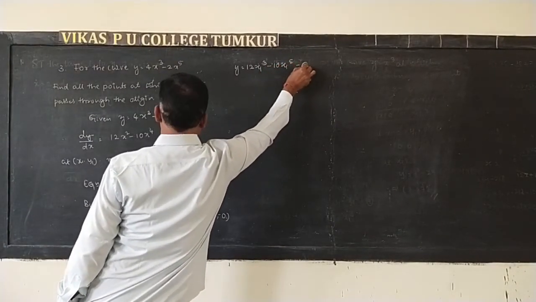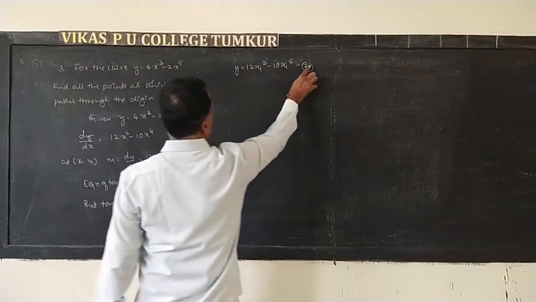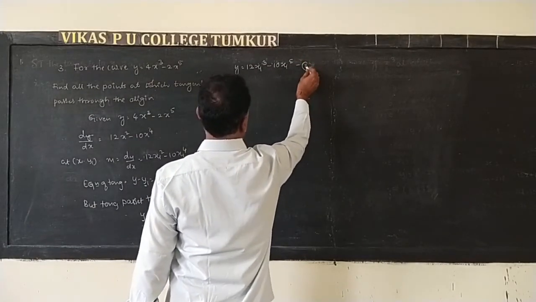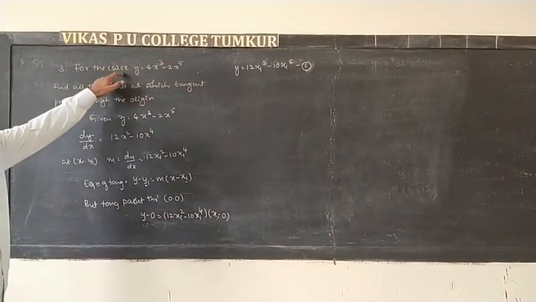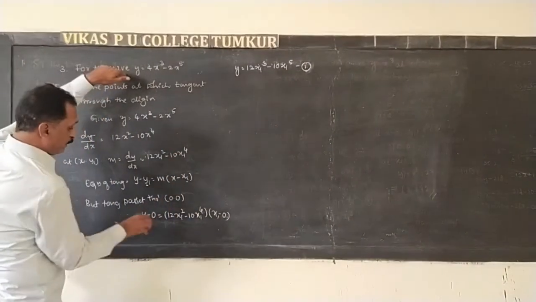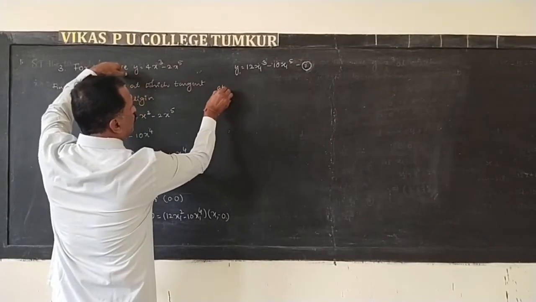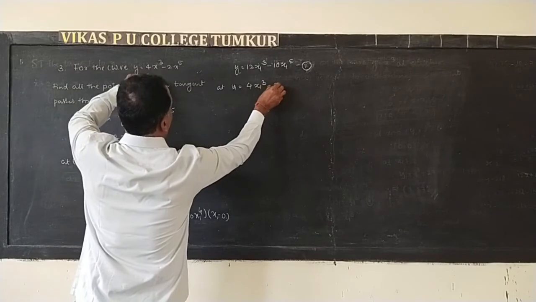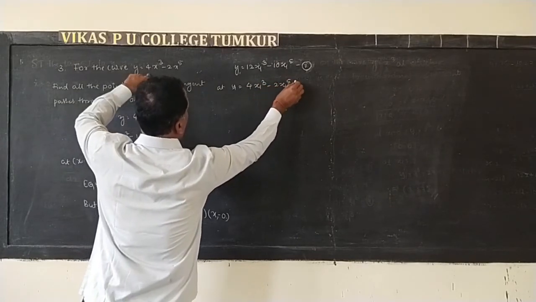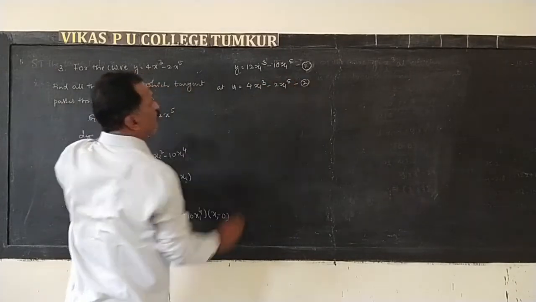This is equation 2. But I have equation 1, right? This is y1, but y1 is also equal to 4x1 cube minus 2x1 to the power of 5. Equation 2.